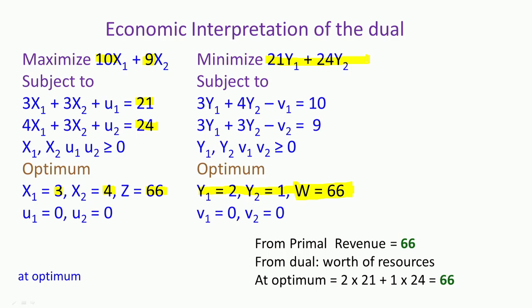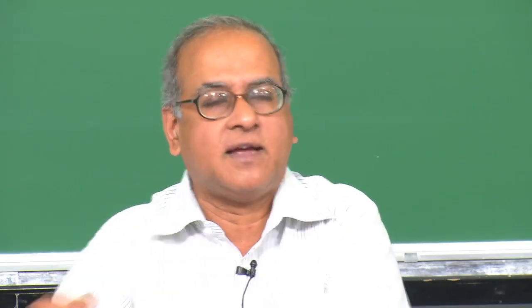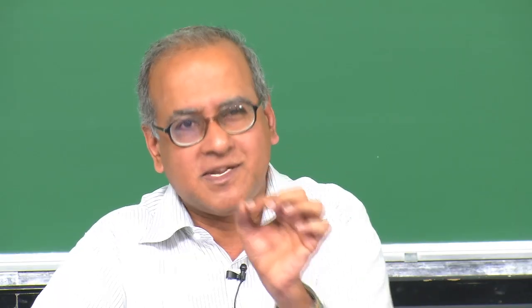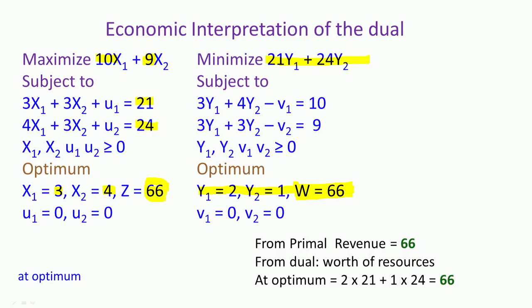Before explaining what y1 and y2 are, we understand that 21 and 24 are the resources with which we started the problem, and 21 y1 plus 24 y2 is equal to 66, which is the revenue that we got by selling the products.